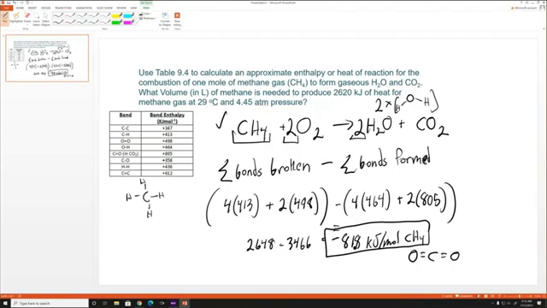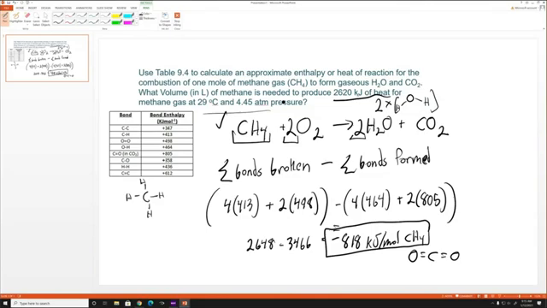So it's definitely negative. Next part of the question is, what volume in liters of methane is needed to produce this much heat for methane gas at these properties? So we know per mole we have 818, but to produce 2,620, how many moles do we need?